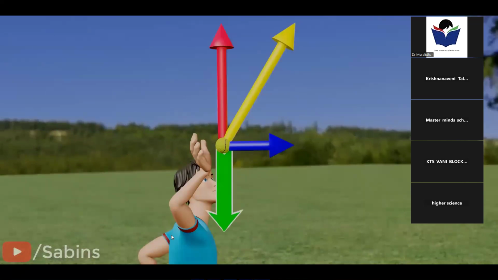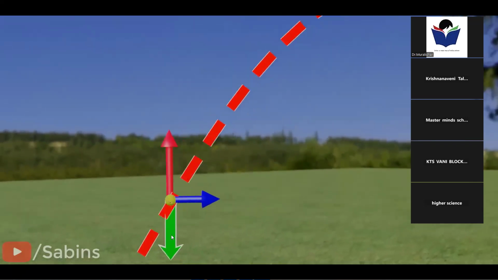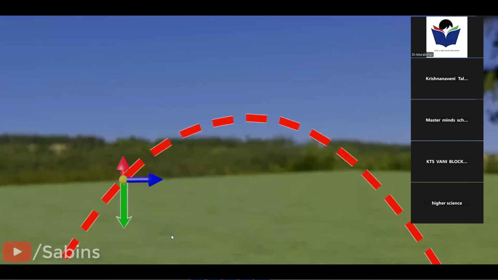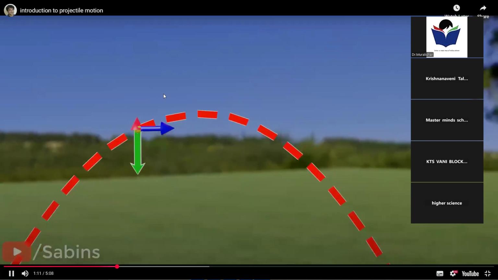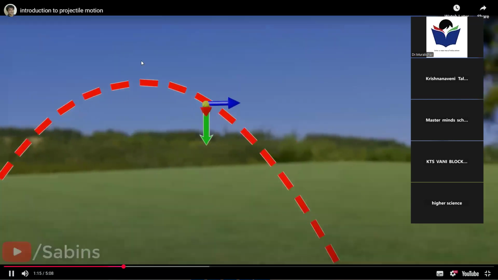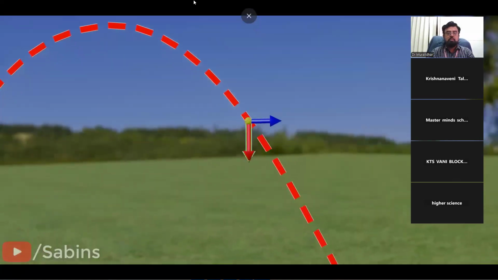The gravitational force always acts vertically. When a force acts on a moving object vertically, the horizontal component of velocity never changes. Only the vertical component of the object's velocity will change due to the vertical force. Therefore, the initial horizontal component of velocity you have given will not change throughout the motion of the object.